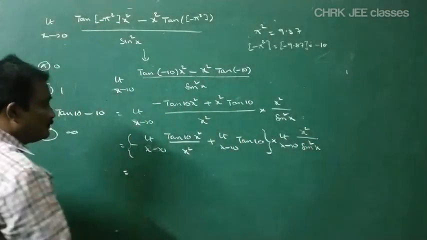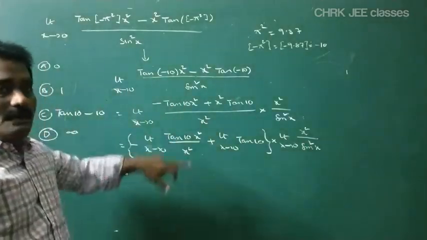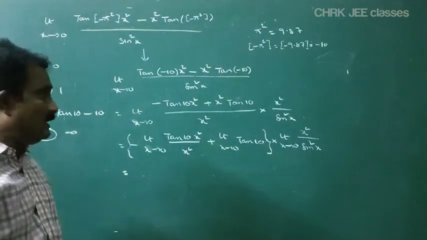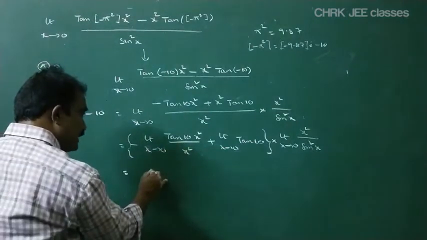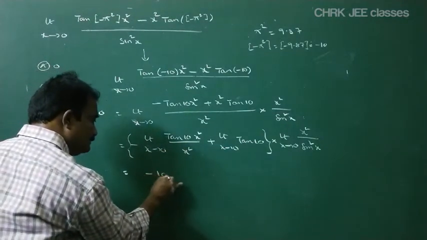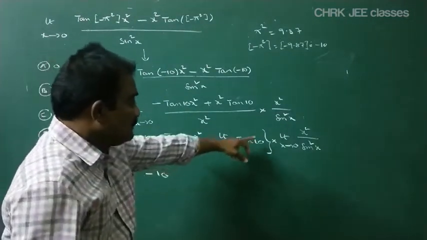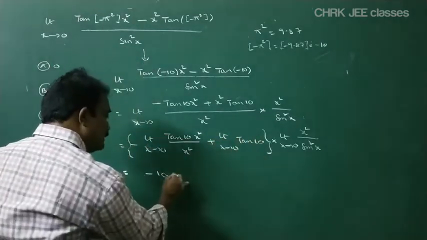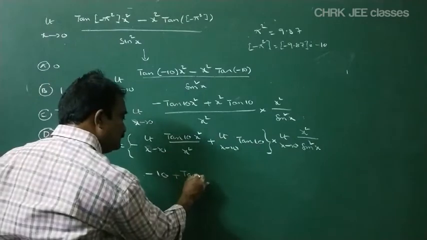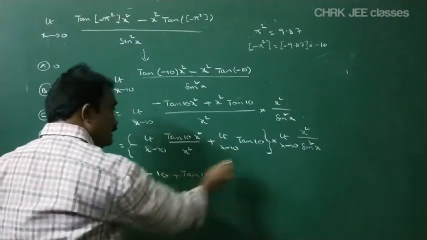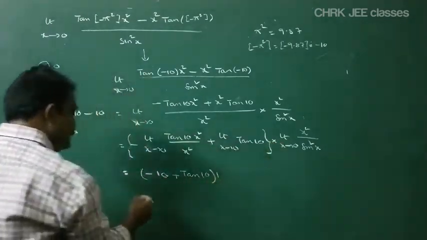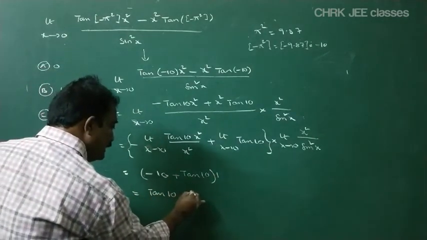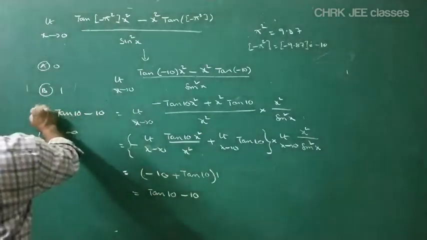That equals limit x tends to 0, tan ax by x is nothing but a, this becomes minus 10. Here tan 10 doesn't contain x, that's why directly we will write this one as tan 10, into this value becomes 1. That's why tan 10 minus 10 is the right answer.